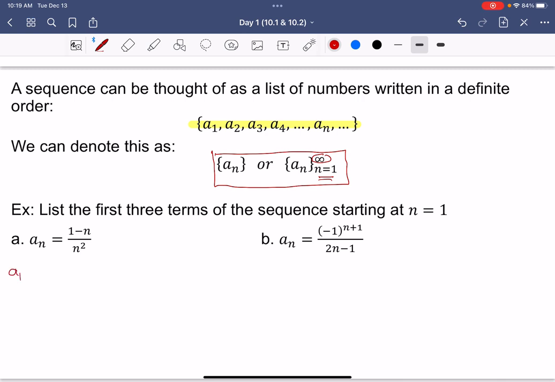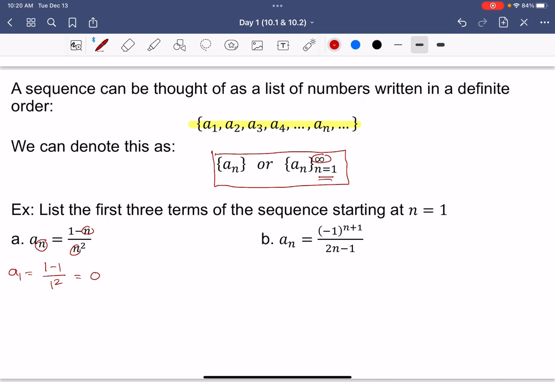If you want to find A sub 1, you replace every n in the problem with 1. That would be 1 minus 1 over 1 squared. Use whatever calculator you'd like, because it's just basic arithmetic. You should get an answer of 0.